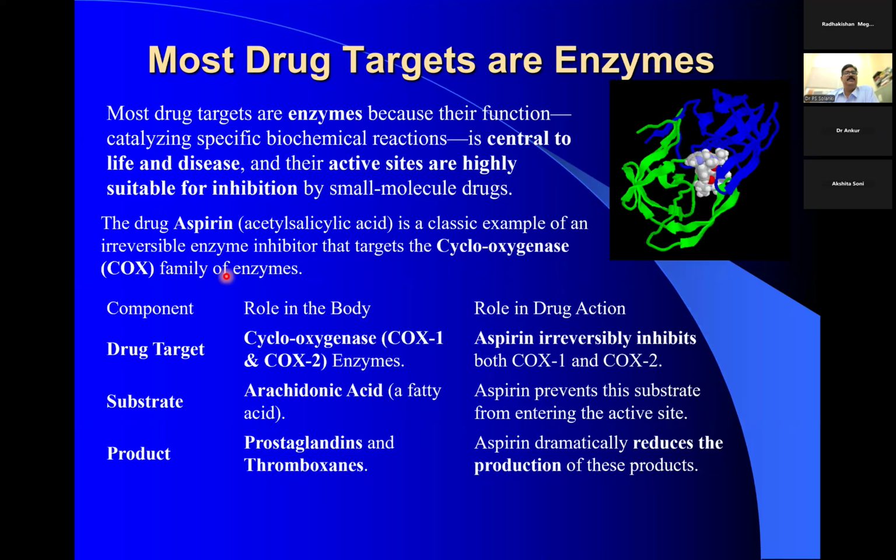So here we have a target, substrate, and product, and what role it plays inside our body. Cyclooxygenase COX-1, COX-2 enzymes, and their role in drug action. Aspirin irreversibly inhibits both COX-1 and COX-2.